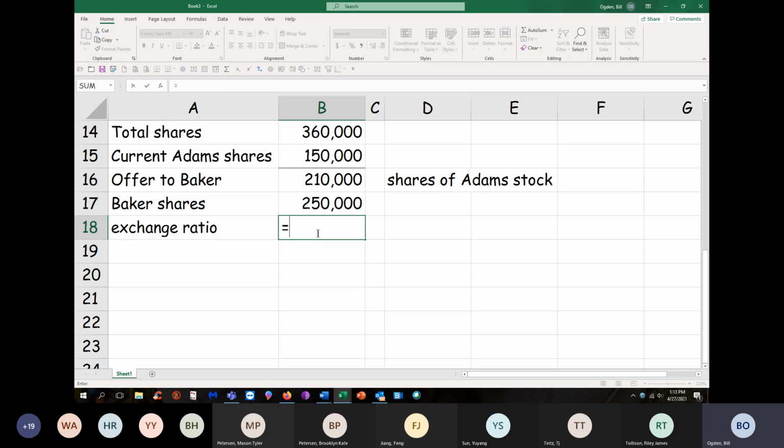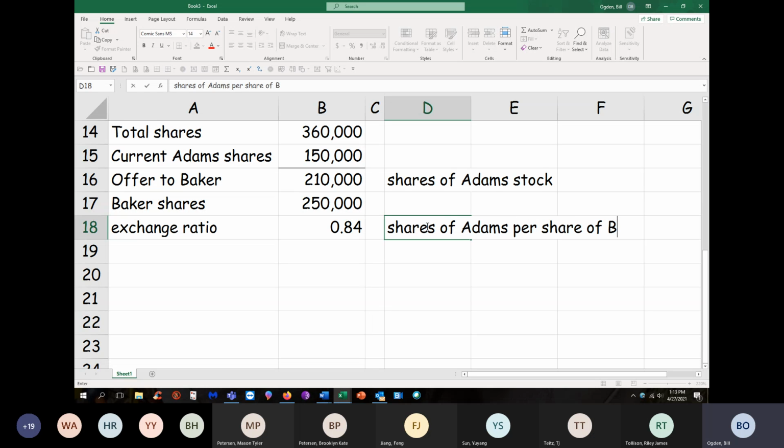Exchange ratio is equal to 210 divided by 250, so it would be 0.84 shares of Adams per share of Baker.